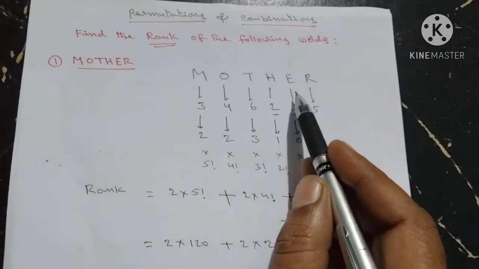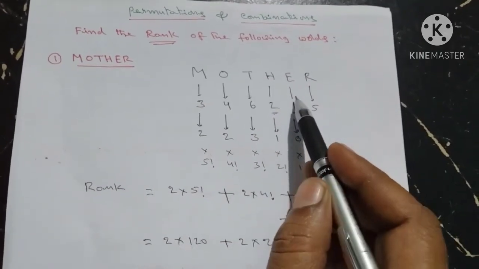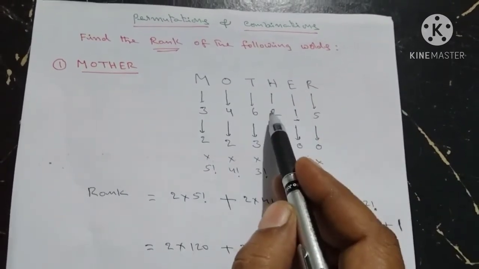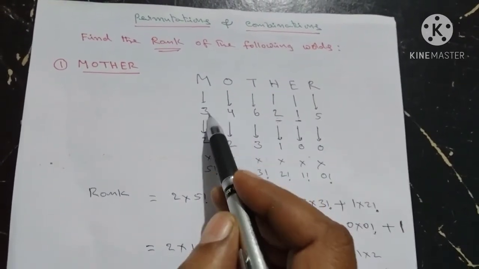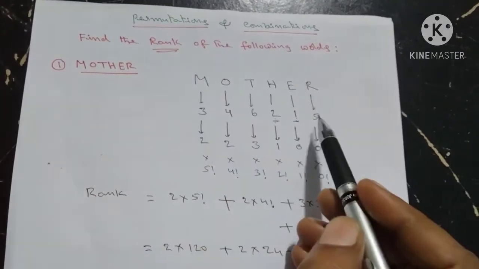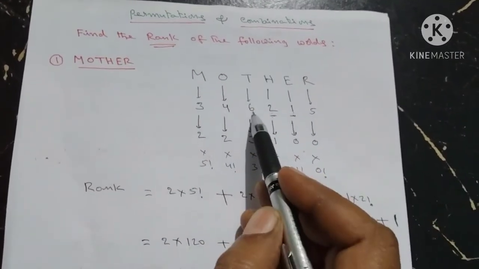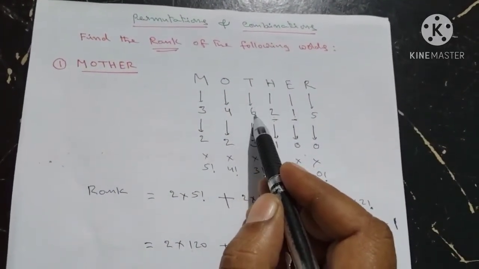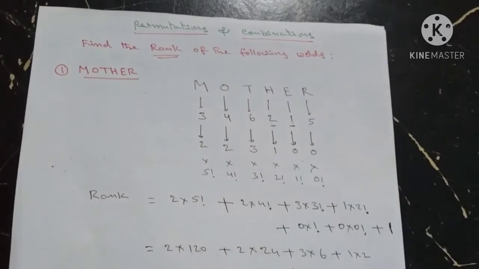Here A, B, C, D, E, this is the first one. Next H, that is second rank. Then M, third rank. O goes to fourth rank. Next R is fifth, T is sixth rank.